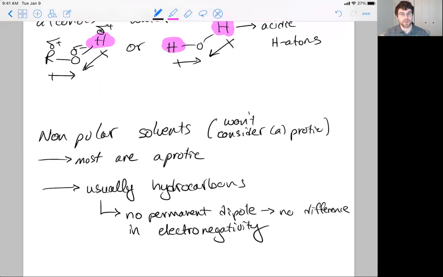So since we have no difference in electronegativity, we have no permanent dipole. We're going to see these for hydrocarbons. So there's an example, octane.